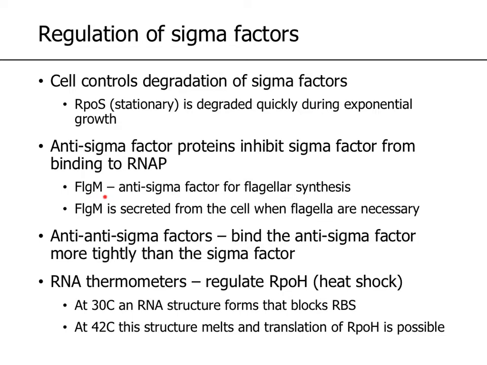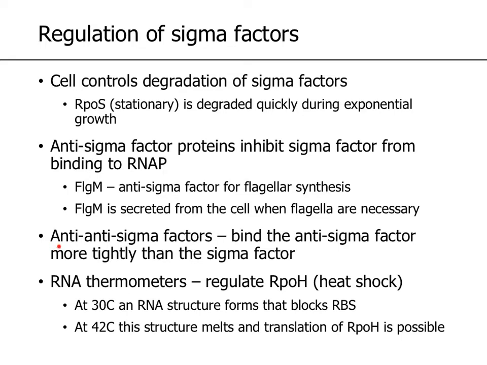FlgM is the anti-sigma factor, and it is secreted from the cell when flagella are necessary. Otherwise, the anti-sigma factor blocks the sigma factor from binding to the RNA polymerase when you don't need that synthesis.